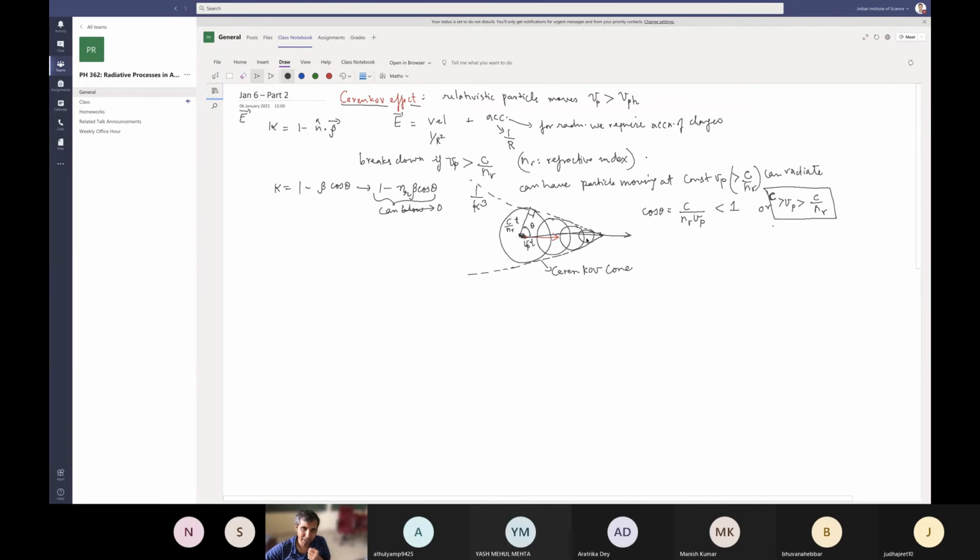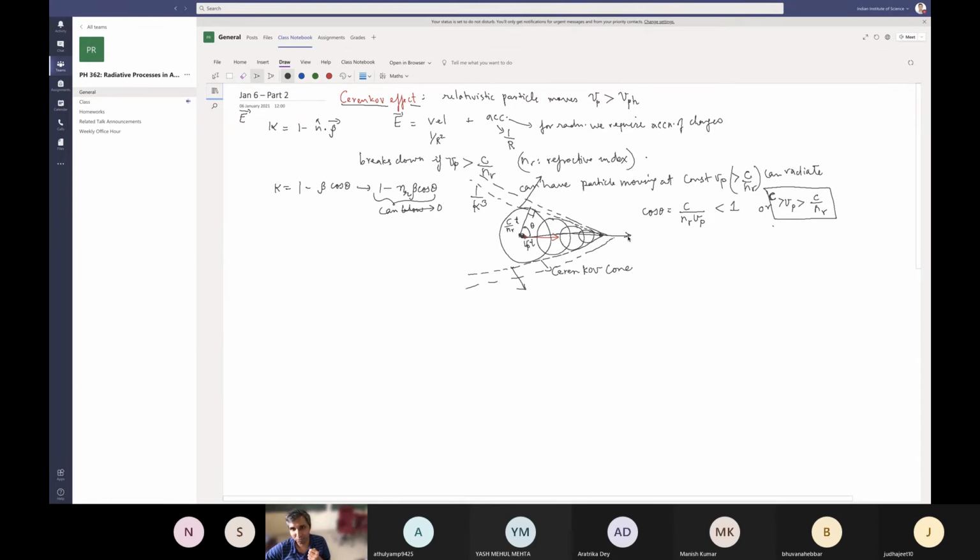This Cherenkov radiation will move with time along this direction. It is very useful: by measuring the direction of propagation of this radiation, we can find out the direction and velocity of this particle.